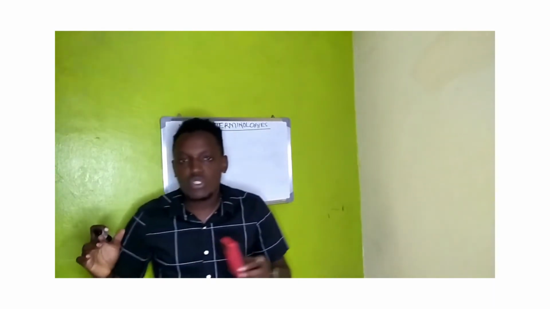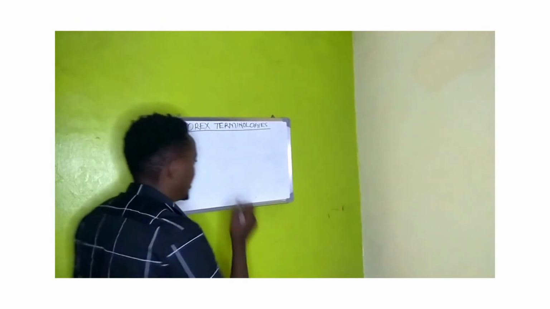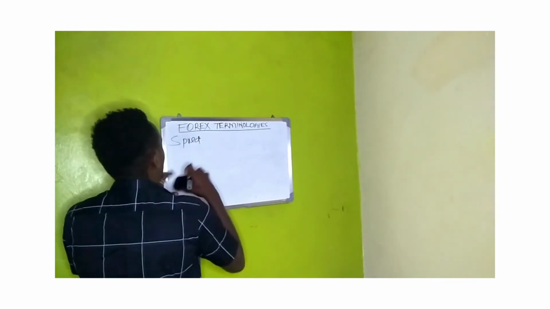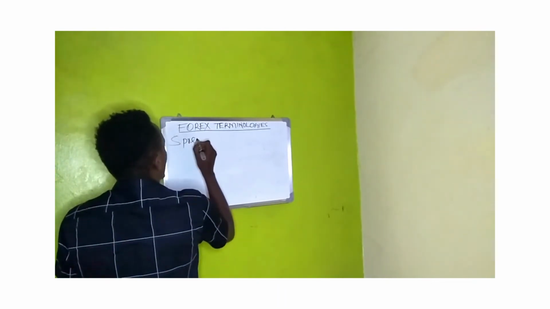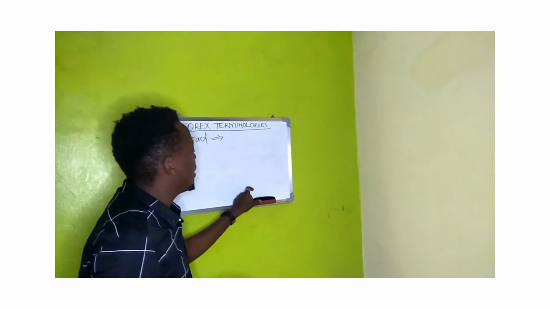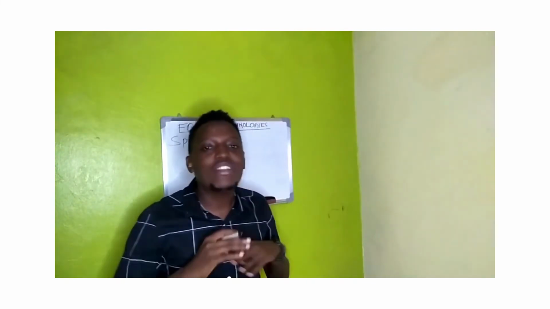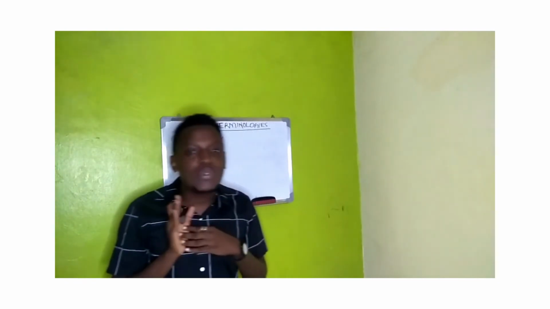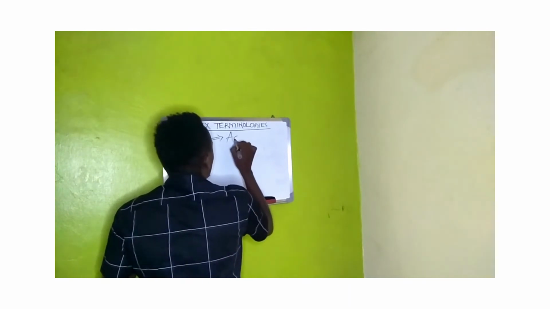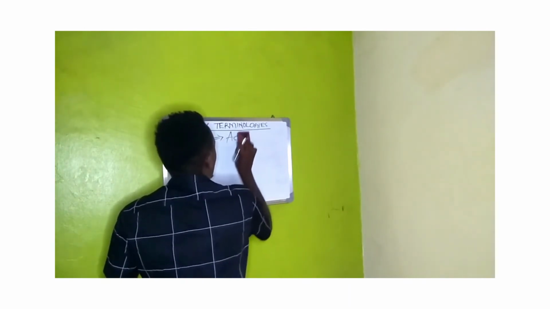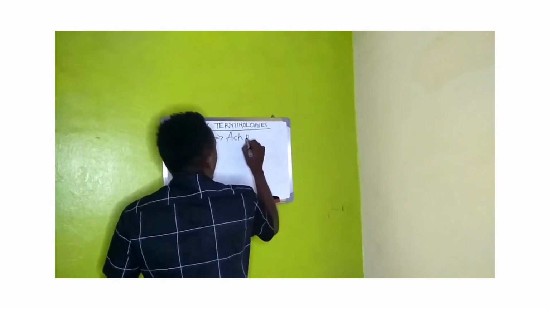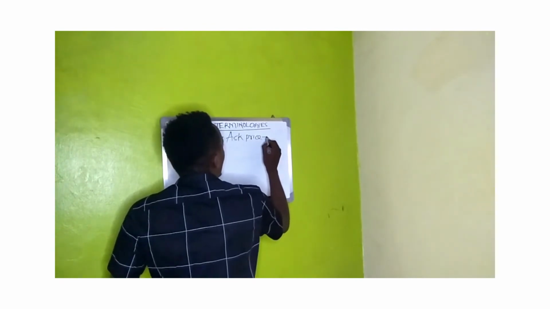So the other thing that I'm going to be talking about is what we call the spread. What is the spread? The spread is the difference between bid and ask. So this is the ask price minus the bid price.